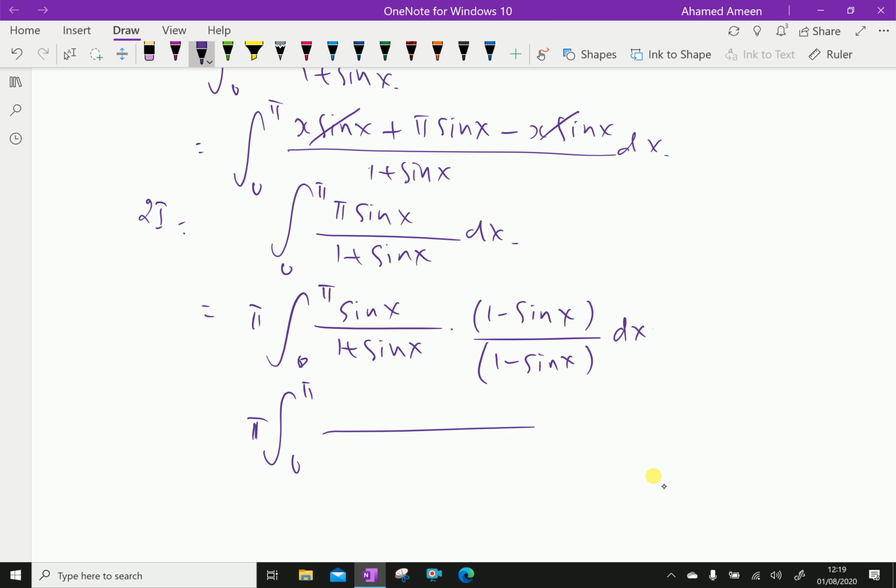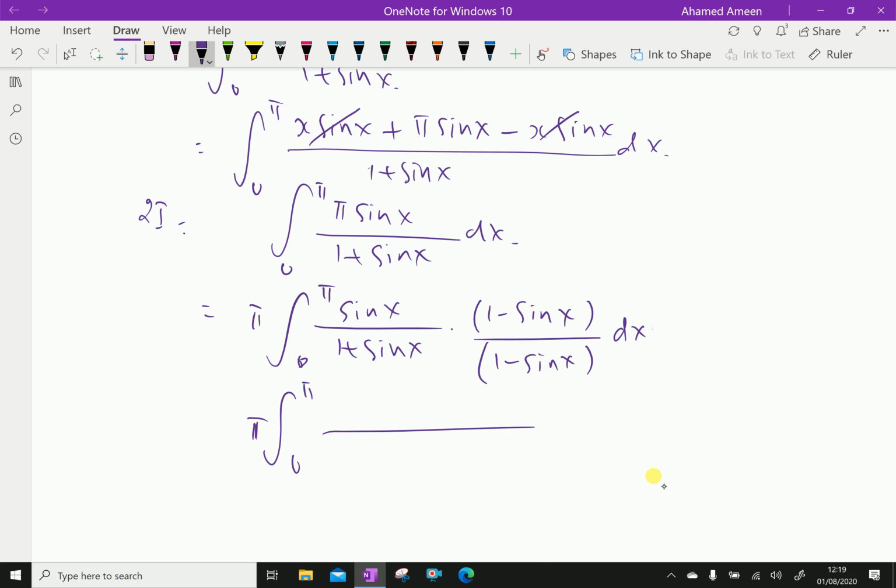Now look at this, sin x over cos x is tan x, one more cos x in denominator goes up as secant x. So here it comes tan x into secant x dx minus sin squared x over cos squared x is tan squared x. The limits are 0 to pi.